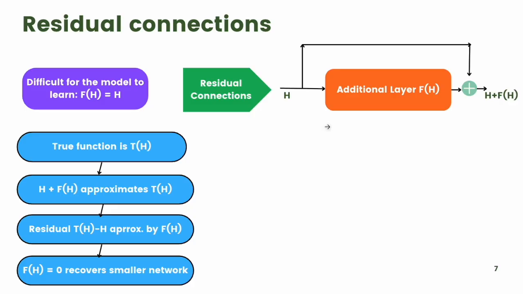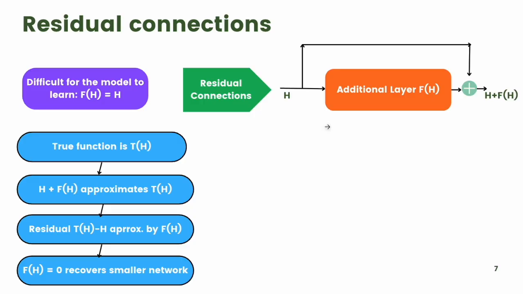This means that during the learning process, we can easily fall back to the null operator, which results in an accuracy the same as a smaller model. And in the best case, we can easily add perturbations to this null operator and recover models which perform better than the simpler model.